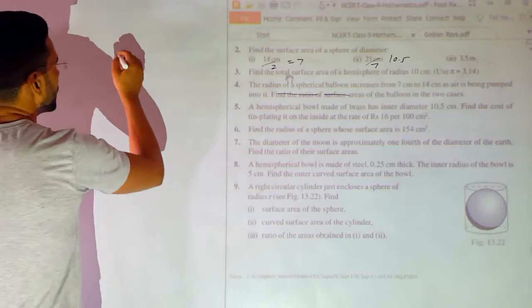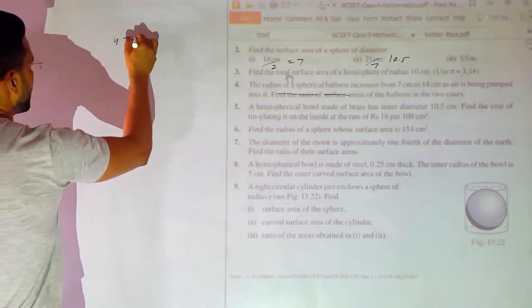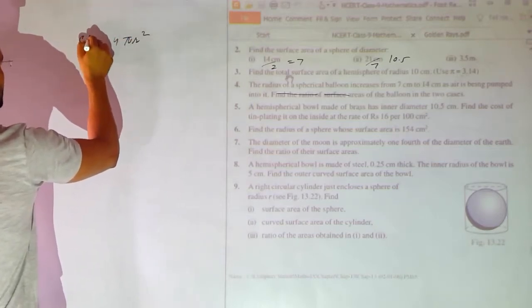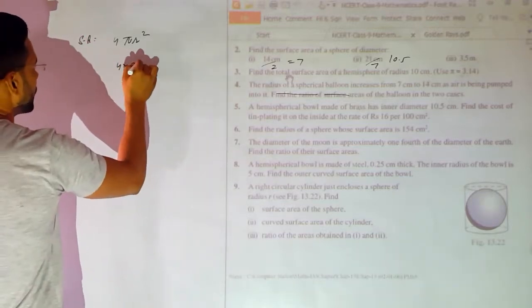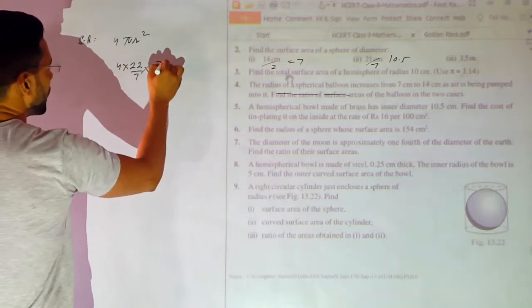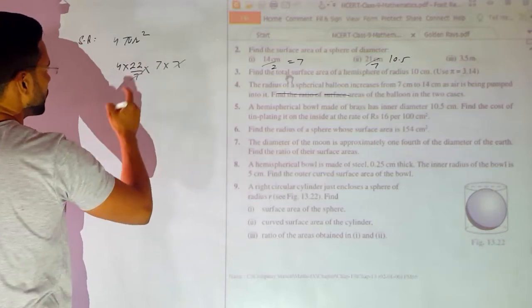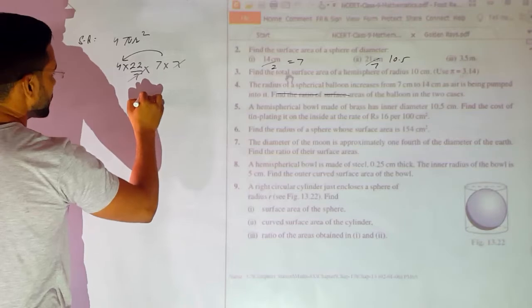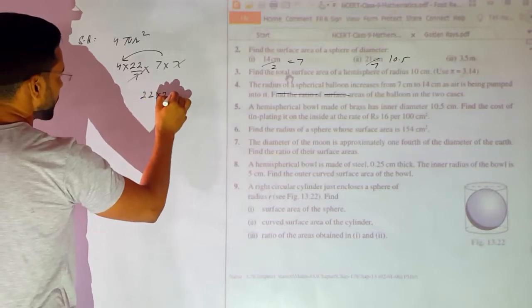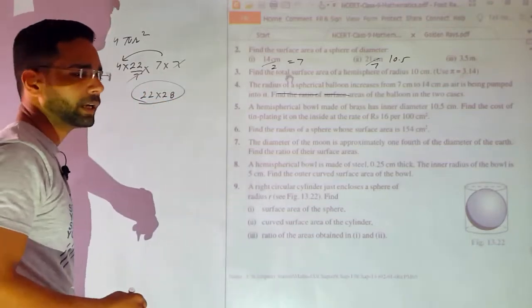Now the first is the same, surface area of sphere, 4 into pi into r square. Cancel out 7: 7 fours are 28.